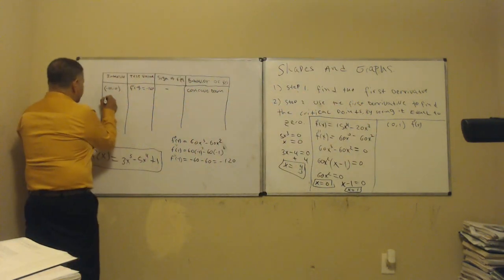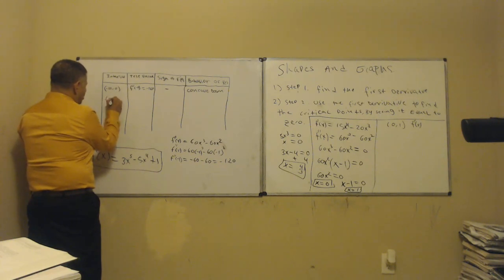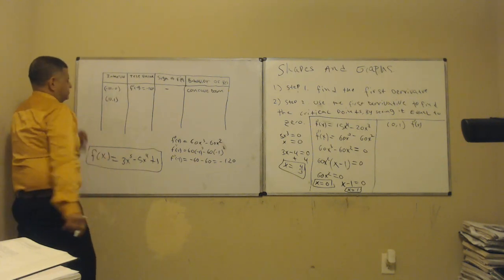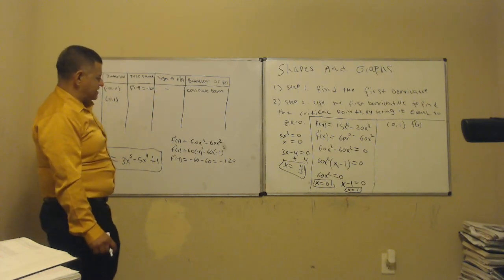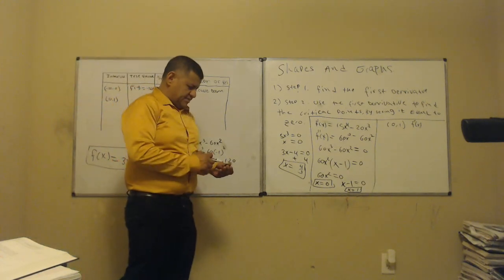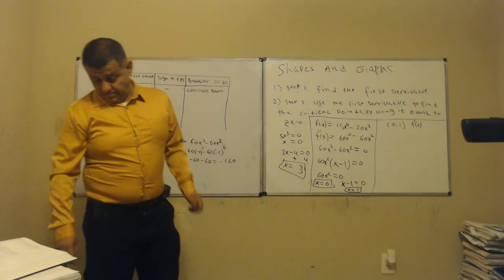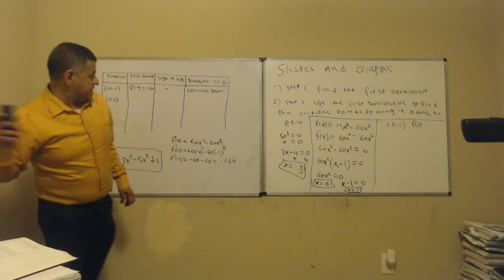So now we say from 0 to 1. Now we have to evaluate that at 2 different points. Okay, so let's do this.